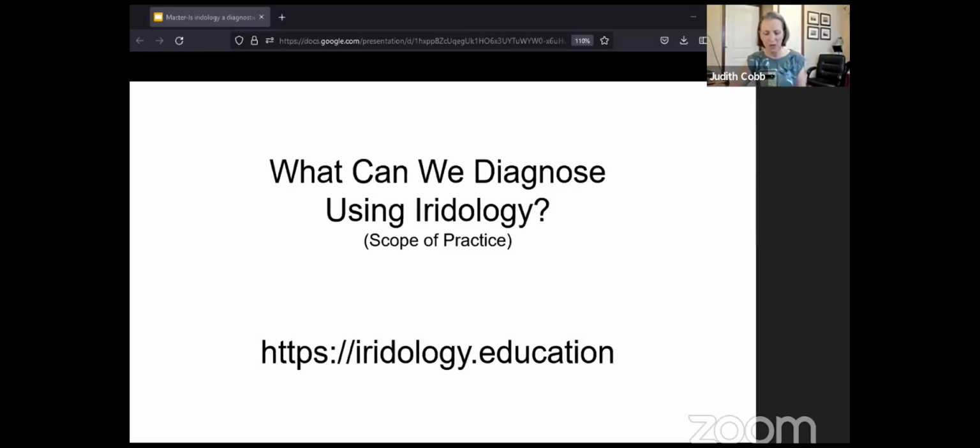And so we want to be aware of that as we are talking about diagnosing. So the next question we need to ask is, what value does iridology have in creating client wellness programs? So let's look at some iris photos to see what we see, to see whether we are going to diagnose or whether we are going to assess.